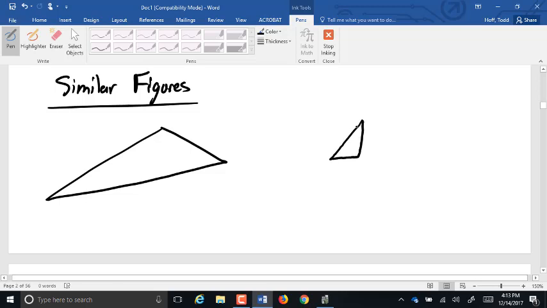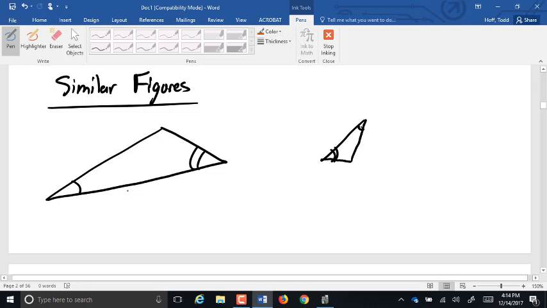How do we tell what matches up? Well, we have to look at equal angles. Draw this a little bit better, maybe. It's a little bit better. So if I tell you that those two angles are the same, and those two angles are the same, we know that the third angle has to be the same.